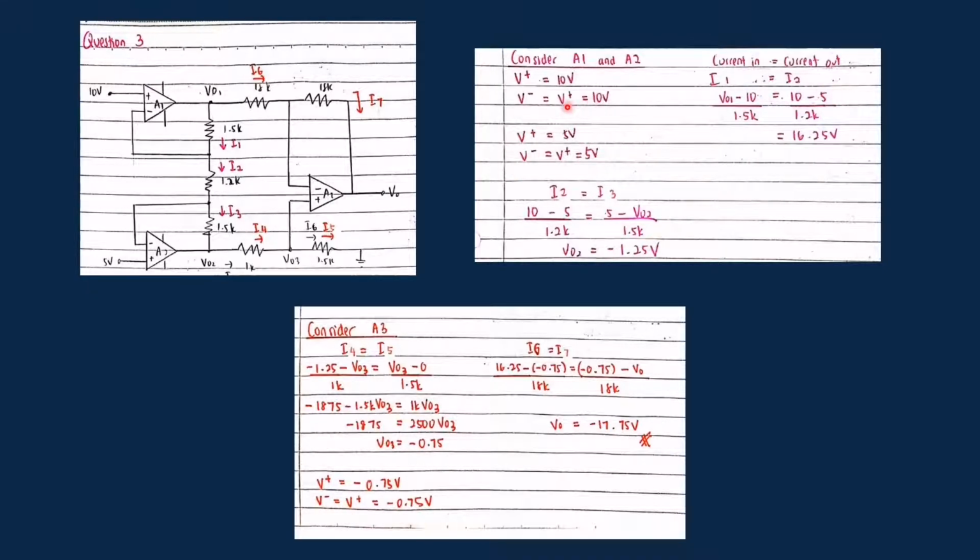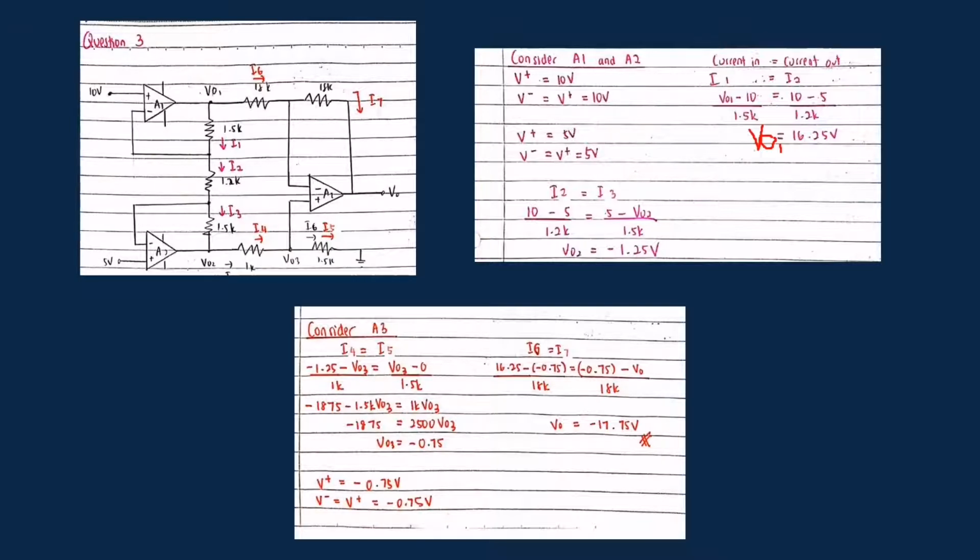Right, so I use the current in and current out, and I consider this is I1 and this is I2, I3, I4, I5, I6 and I7. To determine the V node here, the VO1 here, I use I1 equals I2.